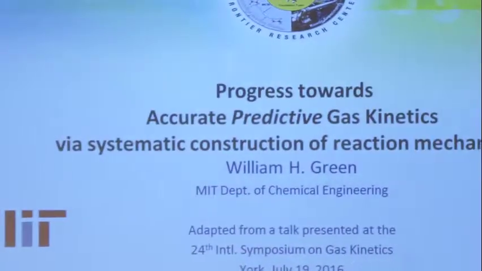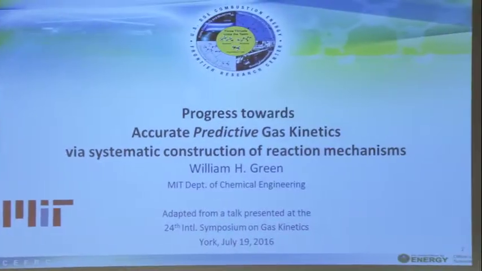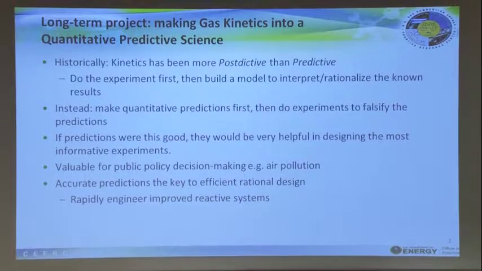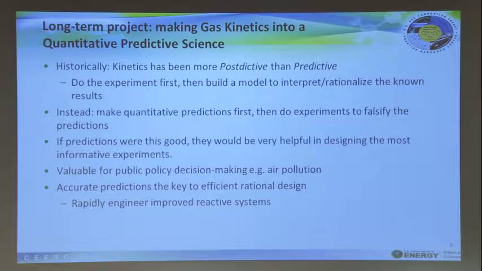And a lot of the slides I'm going to show here I previously showed at a talk at the Gas Kinetics conference last year. All right, so our long-term project of the chemical kinetics community in general, and including the combustion chemistry community, is trying to make this gas kinetics into a quantitative predictive science.